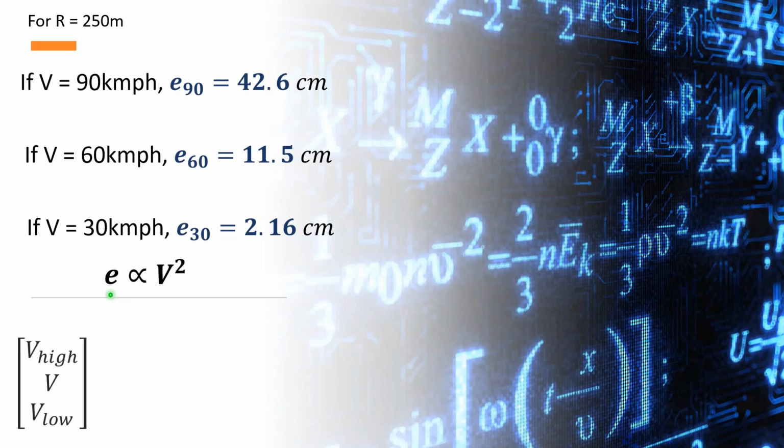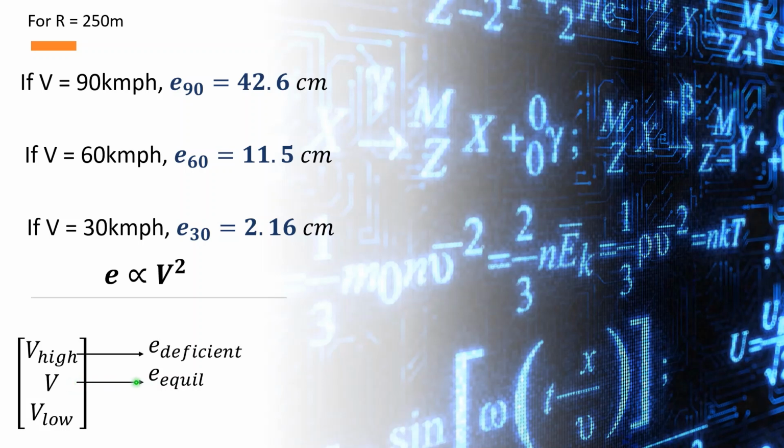So let's see the factor on which this depends. There can be a maximum speed with which trains run, there can be a lowest speed, and there can be an average speed. Equilibrium super elevation is the one which we design for the average speed.